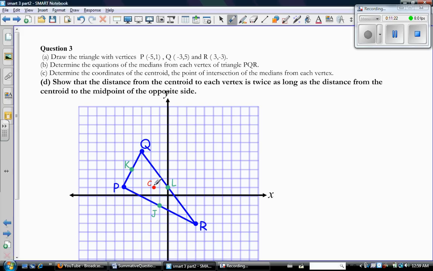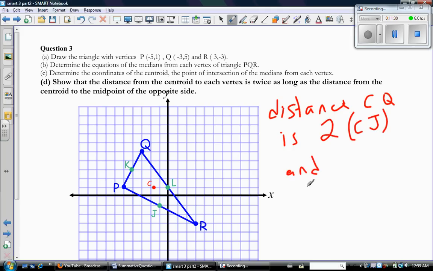So, in other words, show that the distance from C to Q is 2 times the distance from C to J. And the distance from P to C, so CP, is 2 times the distance from C to L. And again, that the distance from C to R is twice the distance from C to K. So I don't have a lot of time left before I run out of YouTube space.